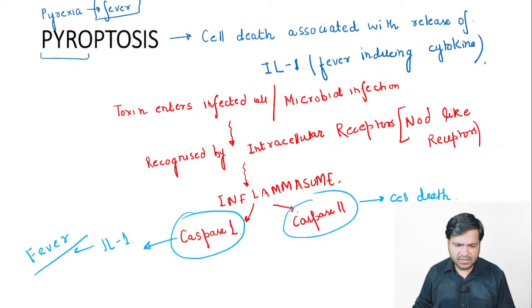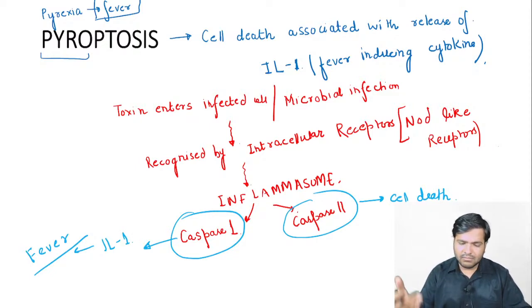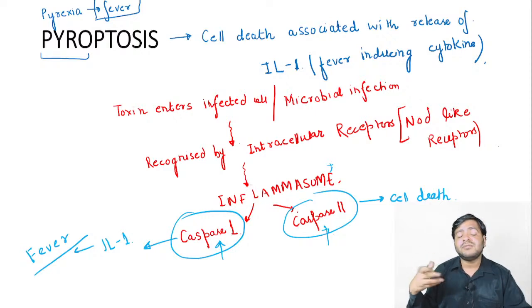Inflammasomes are actually the receptors or the sensors which regulate the activation of these caspases, caspase 1 and caspase 11, in response to various microbial infections or toxins.